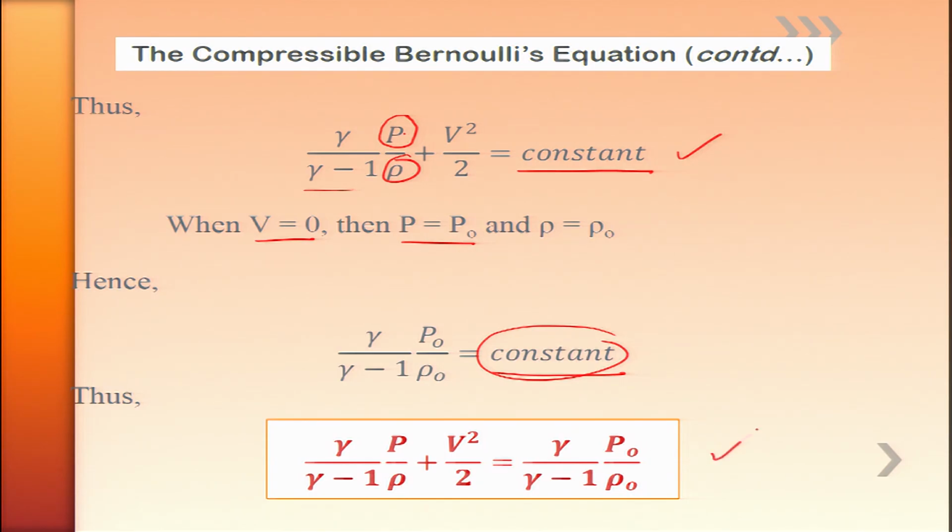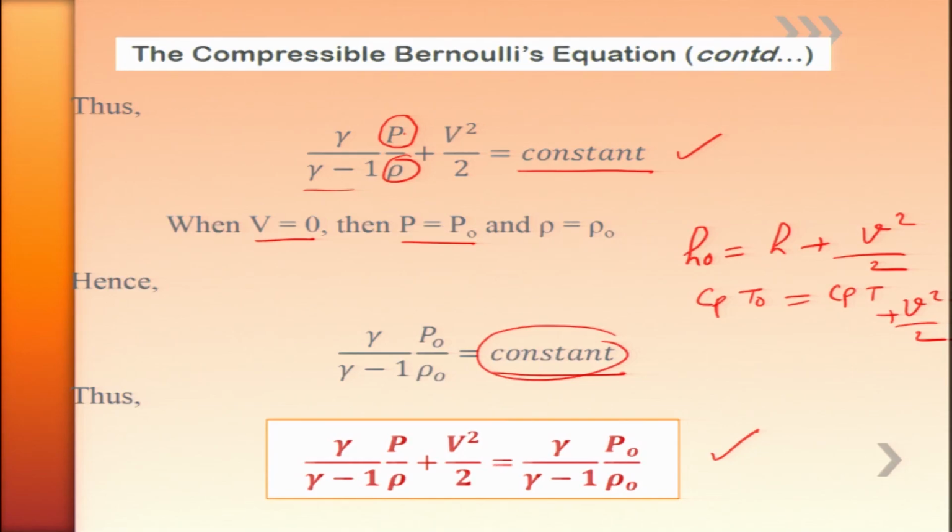This is the famous compressible form of Bernoulli's equation. This can also be achieved through the energy equation, H naught is equal to H plus V square by 2. We can use here Cp T naught is equal to Cp T plus V square by 2, and taking Cp as gamma R upon gamma minus 1, gamma R T naught upon gamma minus 1 is equal to gamma R T upon gamma minus 1 plus V square by 2.